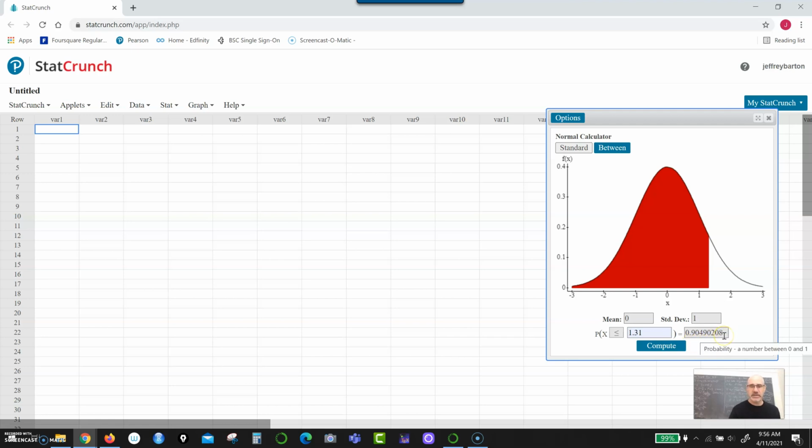This confirms that. And then to find the area we actually need, the right-hand area, we would subtract that from 1. So that's where we got the 0.095 for our p-value, which again is the probability of getting a p-hat at least as big as 0.483 if there's really no difference between BSC students and the state of Alabama in terms of political affiliation.